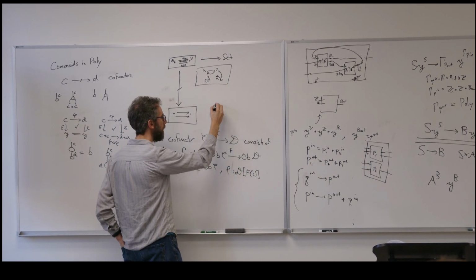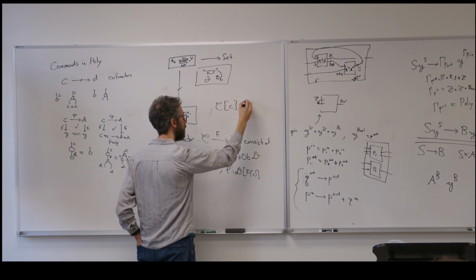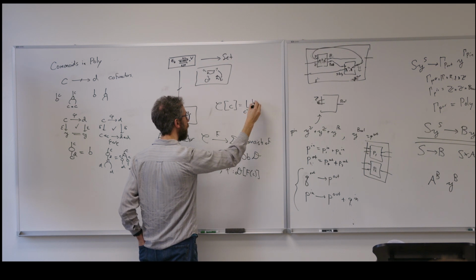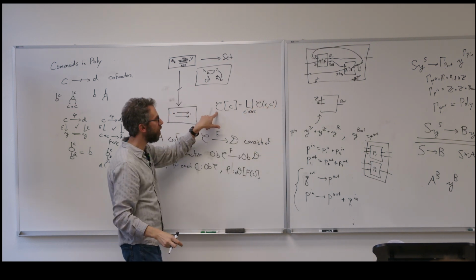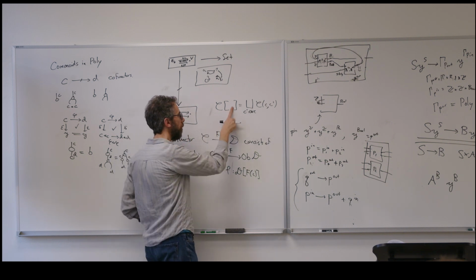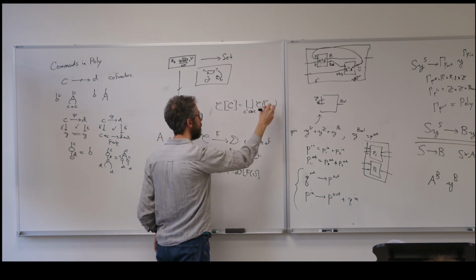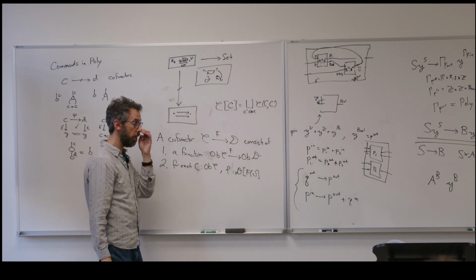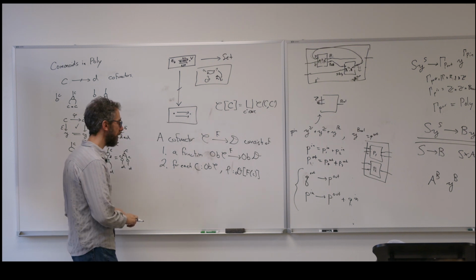Okay, so I need some notation. C bracket c is going to be the disjoint union over all c prime in ob C of C maps from c to c prime. So this means I have a category, I've got an object in it, and I want to look at all of the outgoing maps. To pick an outgoing map, you pick a codomain and you pick a map to it. So C bracket c just means all the maps coming out of this object c.